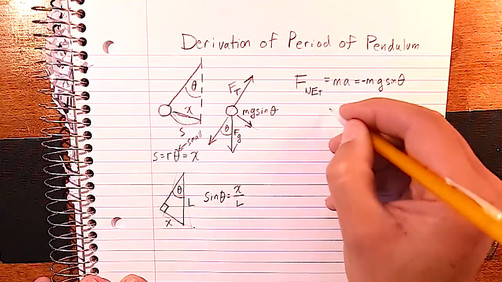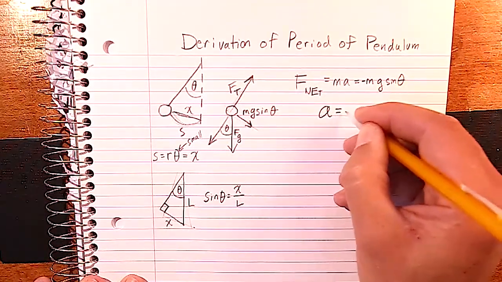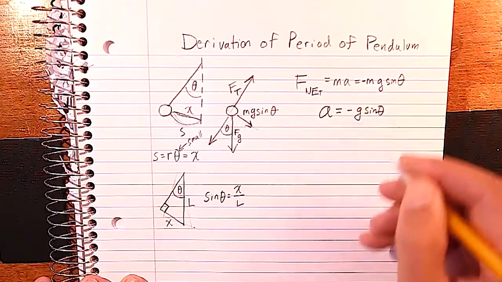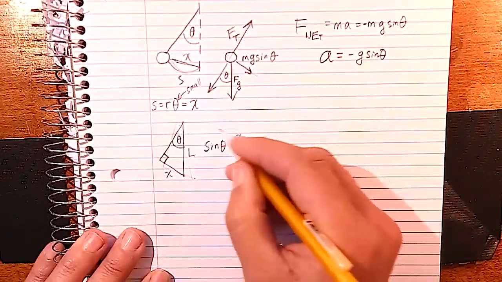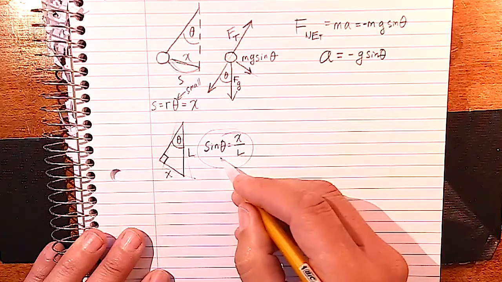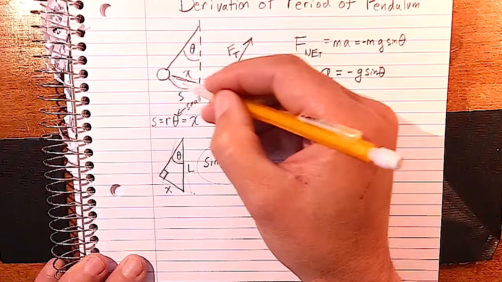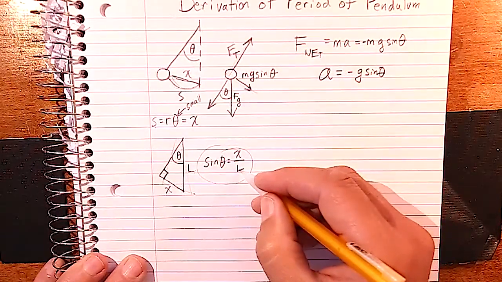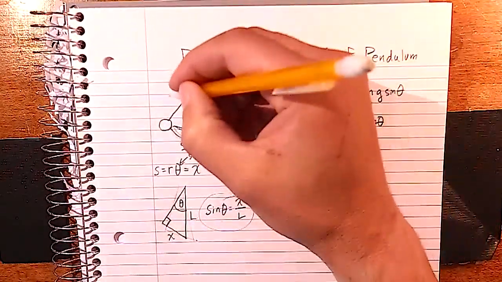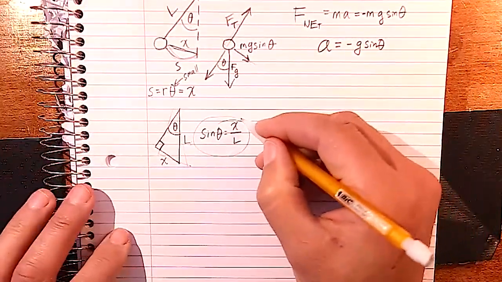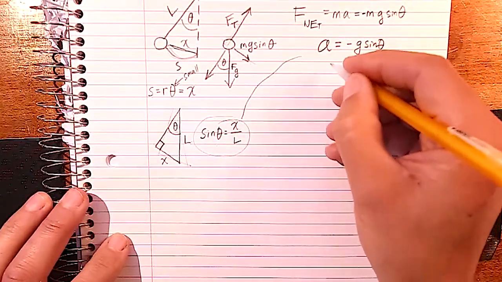So we cross out the masses on both sides, and we're left with a is equal to minus g sine theta. Now, this is where this comes into play, because we have theta in terms of the position that it's moving and the length of the pendulum, which is length L. So let's take that and sub that in to sine theta.